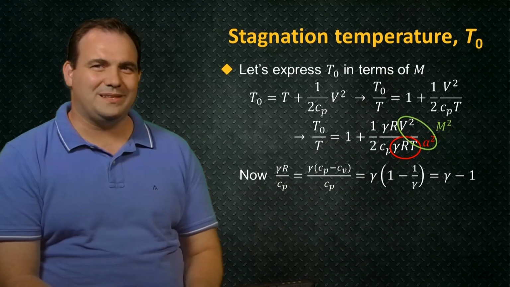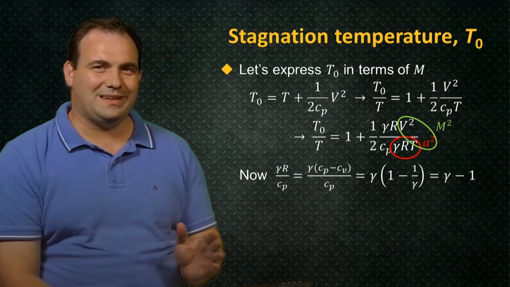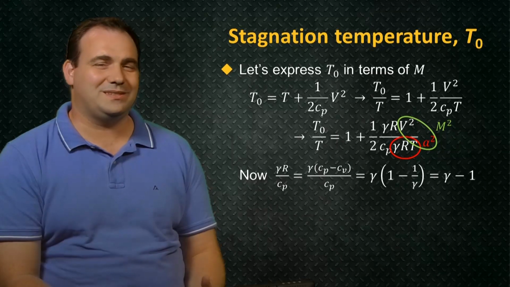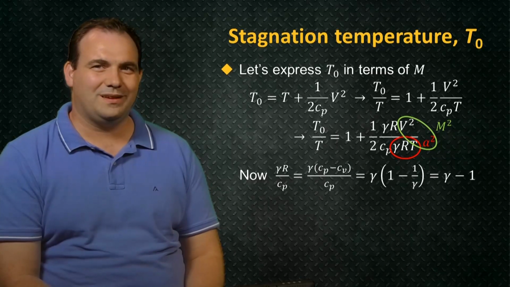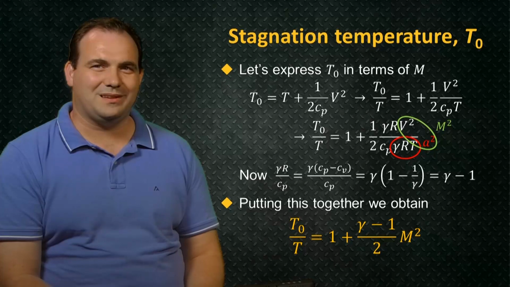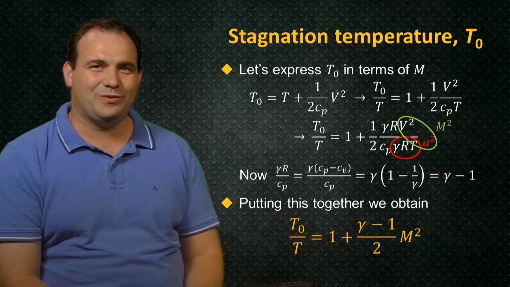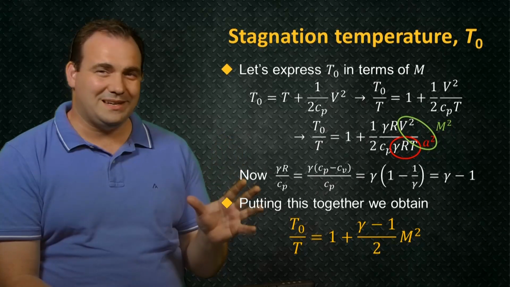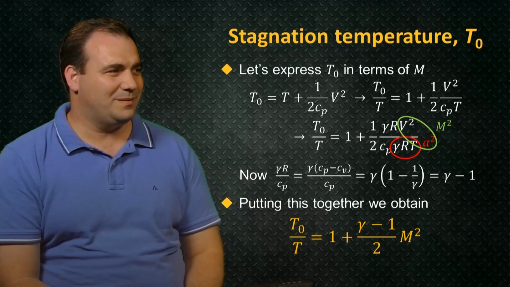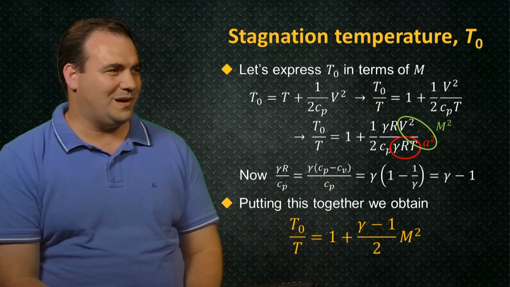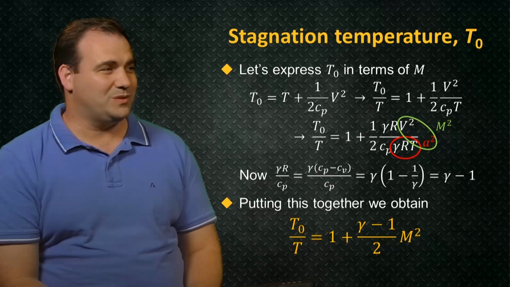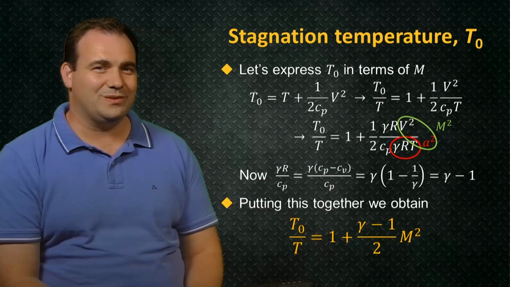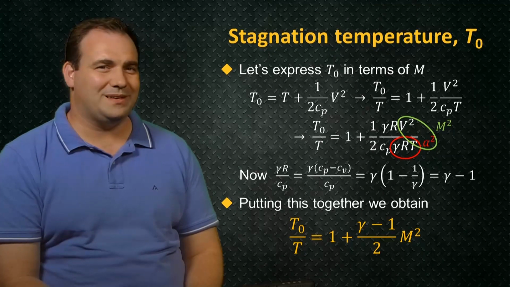So if we combine these two, we find that gamma R on Cp is just equal to gamma minus 1. Combining this with the bit of manipulation we did above, we find that the ratio of the stagnation temperature of the flow T0 to its current temperature at Mach number M is equal to 1 plus (gamma minus 1) over 2 times the Mach number squared.